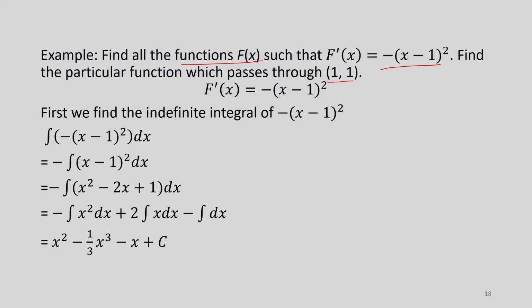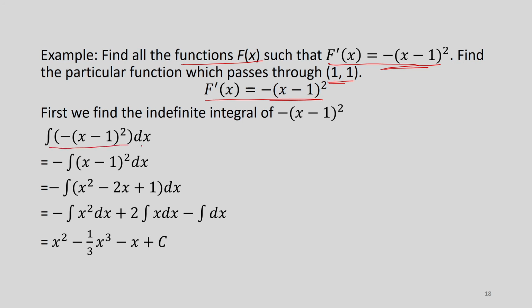We have to find F(x) such that F prime of x is a particular function of x, and secondly, there will be many such functions which will satisfy this condition, we have to find that particular function which passes through (1, 1). Okay. So, first we have to basically integrate this, minus of (x minus 1) whole square, right, because this is the antiderivative.